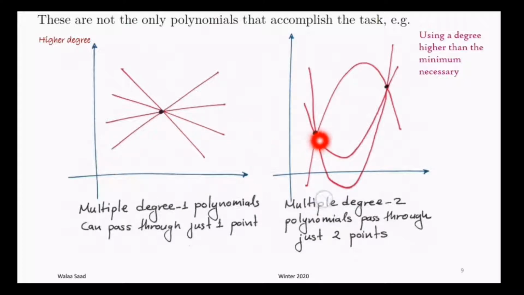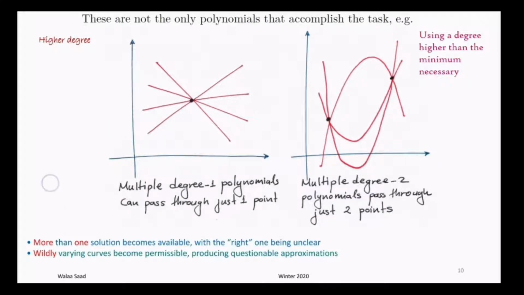Here as well, in the 2 points interpolation, if we used a higher degree polynomial, for example, instead of the straight line, we used the parabola, which one will we use, this downwards or that upward one? In this case, we will suffer from more than one possible solution, and it's unclear how to distinguish between them.